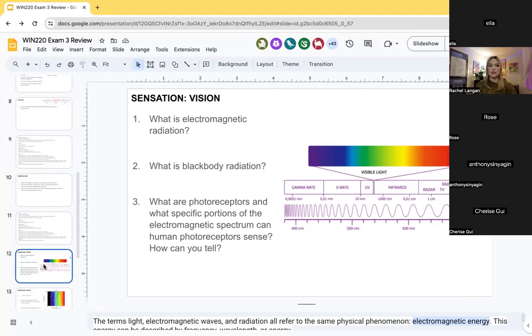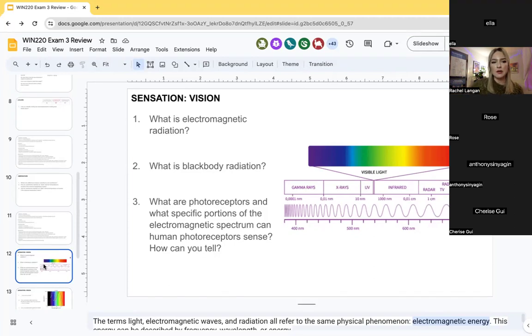What are photoreceptors, and what specific portions of the spectrum can human photoreceptors sense, and how can you tell? So photoreceptors, those are the proteins and the cells in our eyes that have those proteins that can absorb specific wavelengths of light. And here you don't have to know the exact wavelengths of light, like the fact that it's from 400 to 700 nanometers.